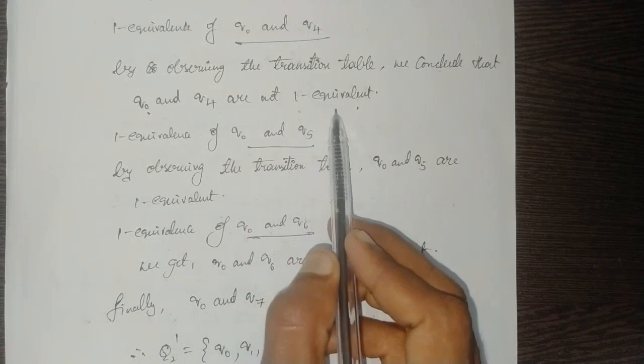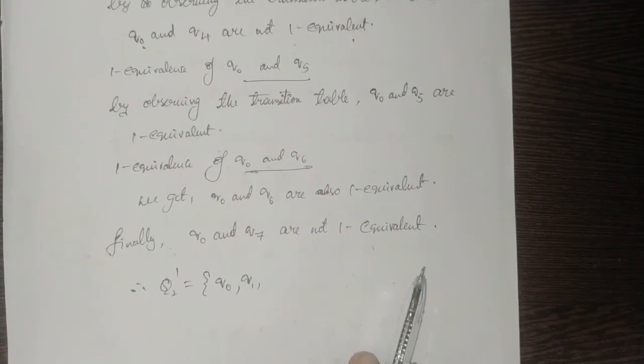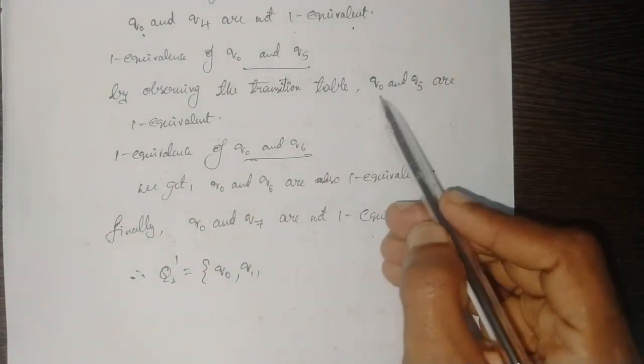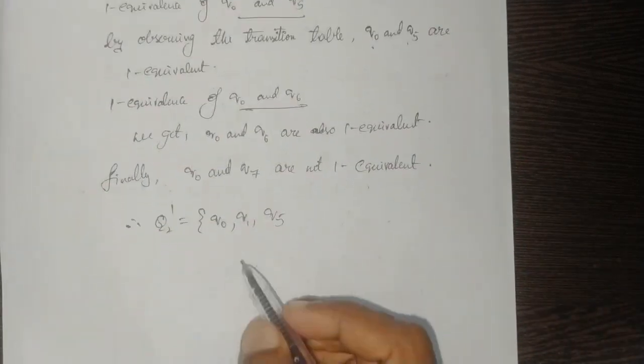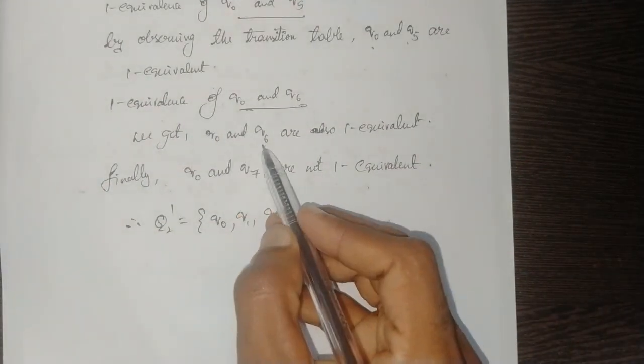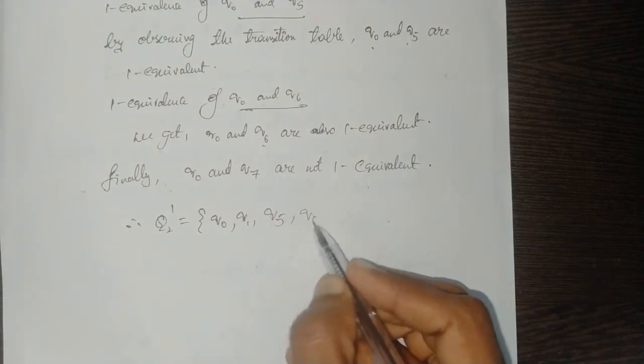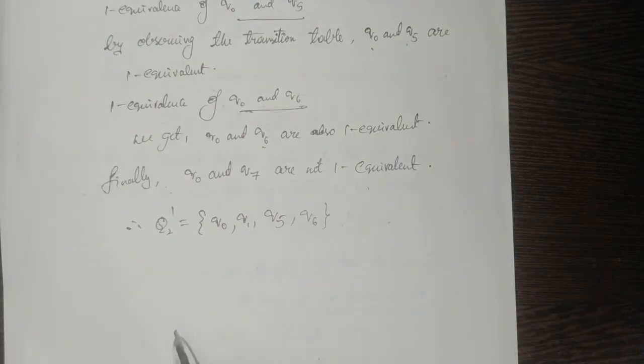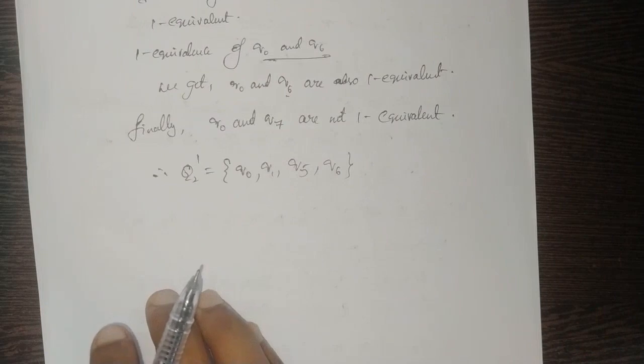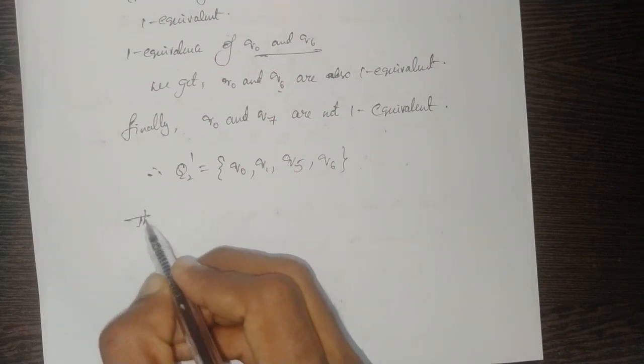Q0, Q4 are not one equivalent. Q0, Q5 are one equivalent, so Q5. And Q0, Q6 are one equivalent, so Q6.